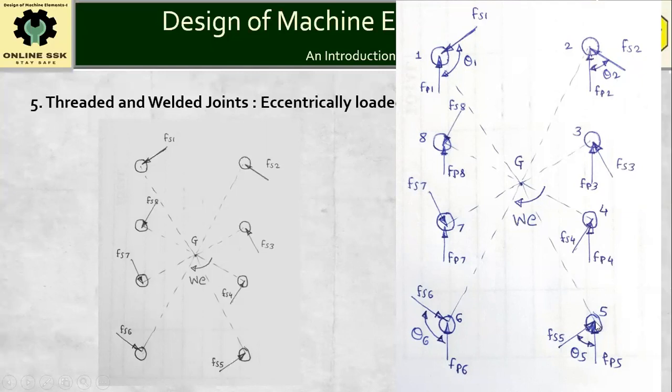So this will be the judgment by which one can directly predict the critically loaded bolt, and there is no need to find out all the resultant values for all of the Z number of bolts and compare the FR values to find the critically loaded bolt.